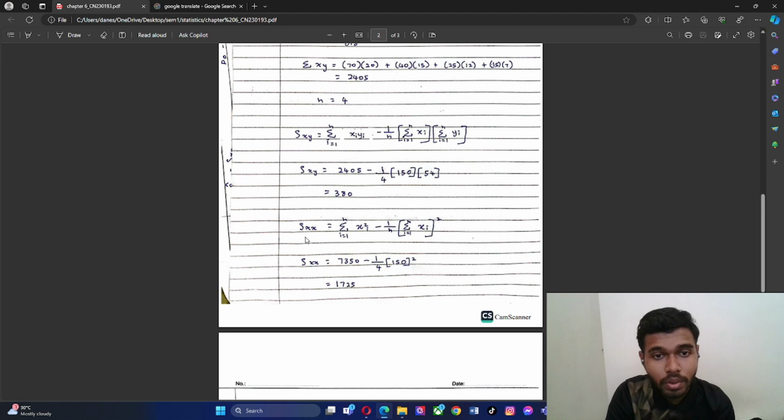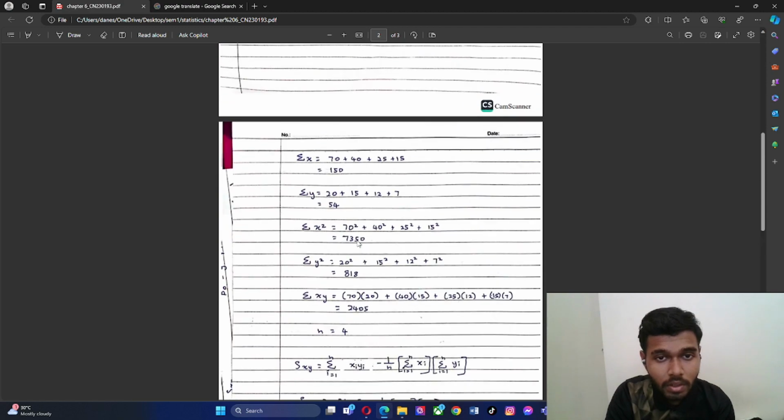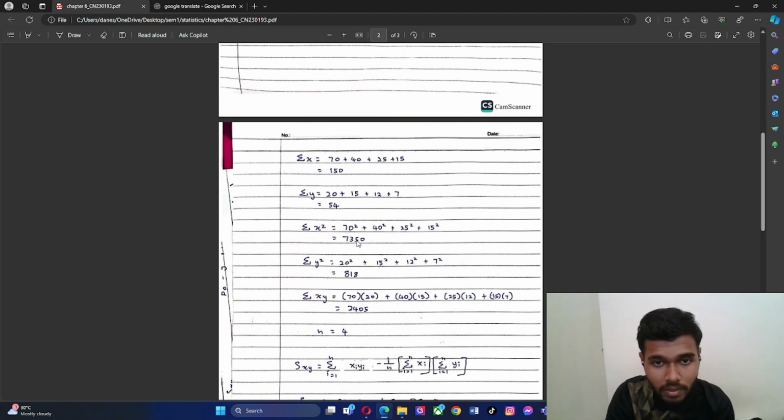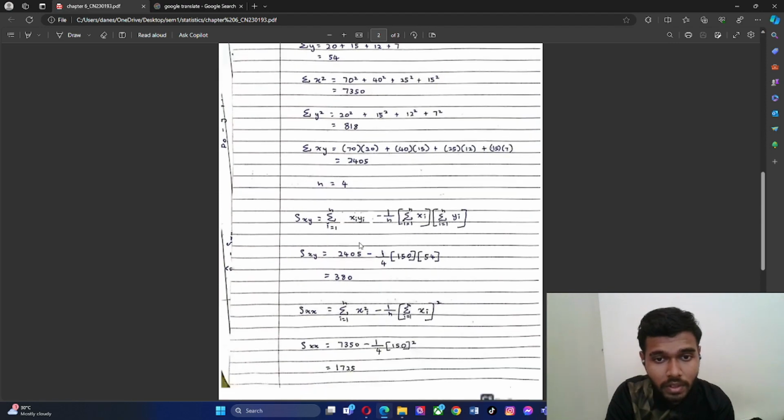After that, we have to calculate Sxx, which is the sum of xi squared minus 1 over n times the sum of xi, all squared. The sum of x squared value is 7350.